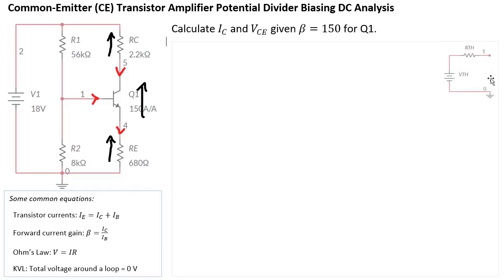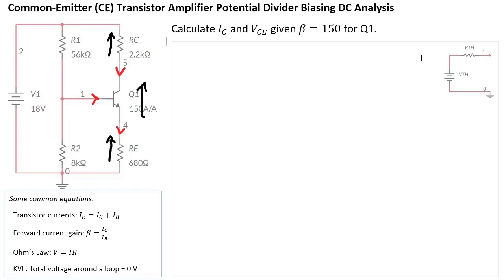I've kept the node labeling as per original: the node at the base is 1, and the node below RE is 0. That is still the case, so you understand that this is a plug-in replacement for this side of the circuit. That would include V1 as well, but remember that V1 is actually connected to both R1 and RC, so you can't remove that entirely.